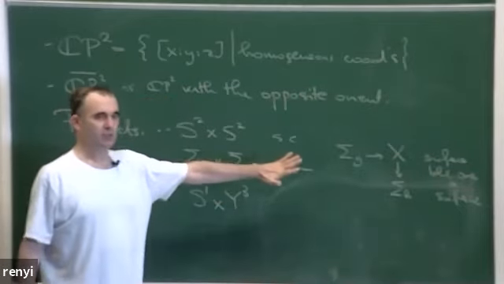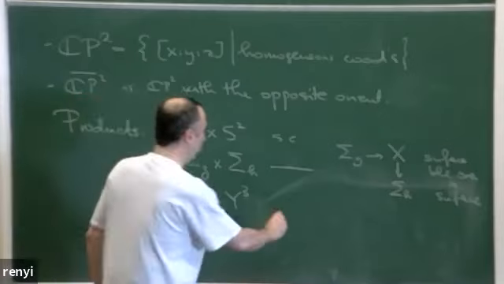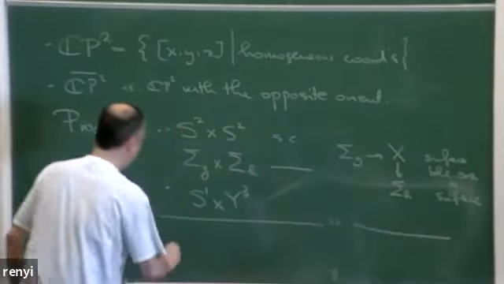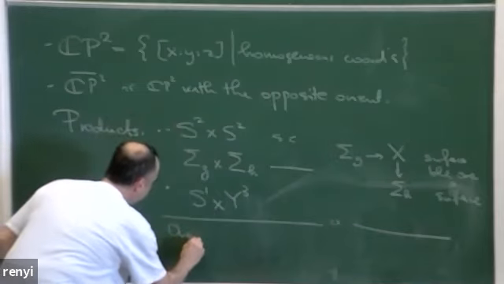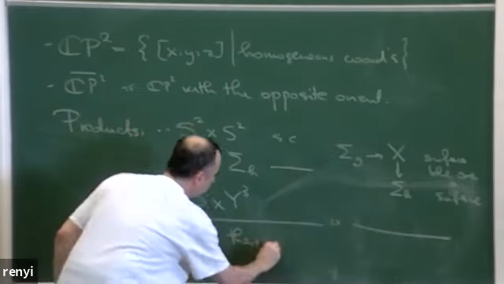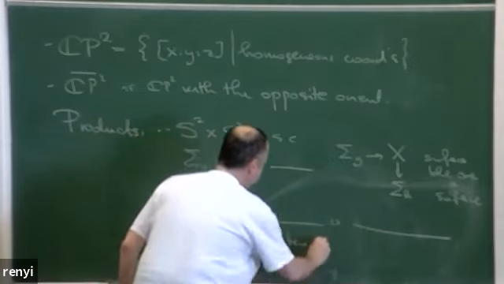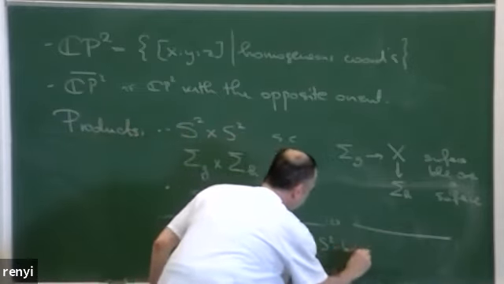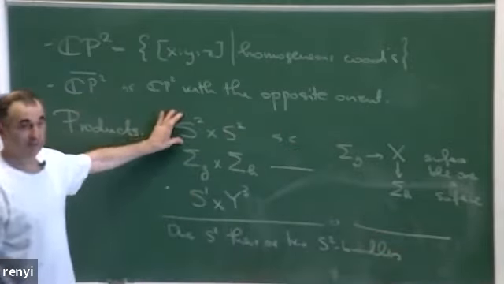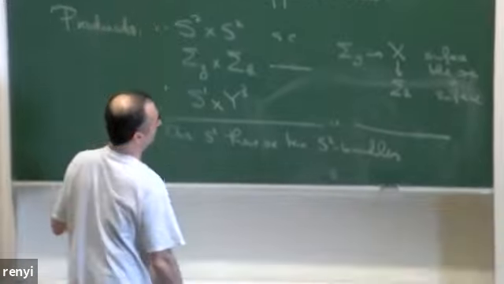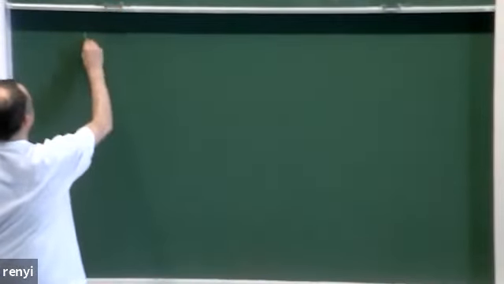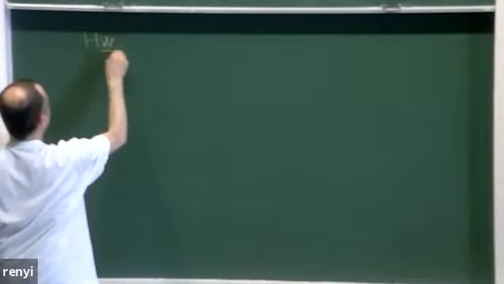I will not go into the details, but let me just mention that over S2, there are two S2 bundles. Well, there is the trivial one, and there is one other. And here is the first very simple exercise. Let's call it homework.